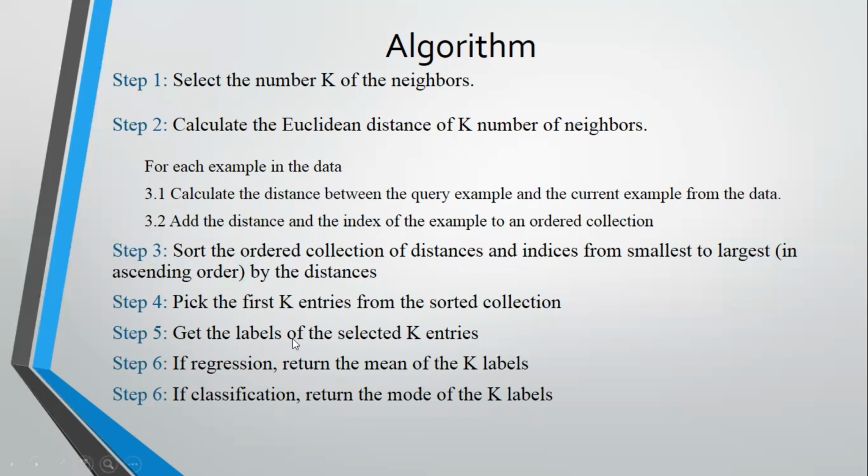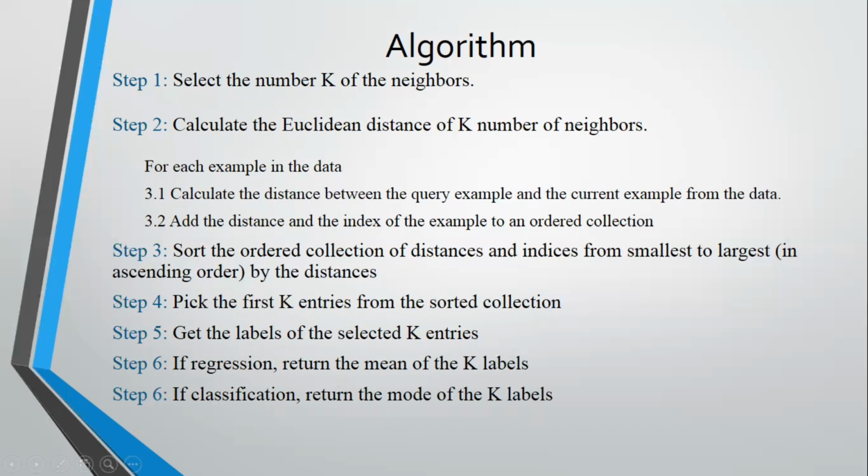Next, get the labels of the selected k entries. If it is regression, that is, you have continuous data, then you find the mean of the k entries. That will be your output. If you are using classification, then you find the mode of the class labels.